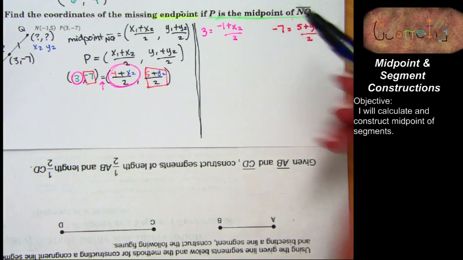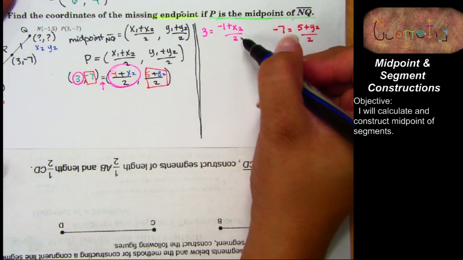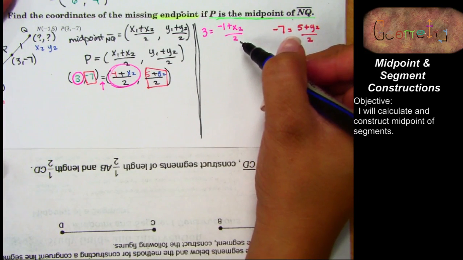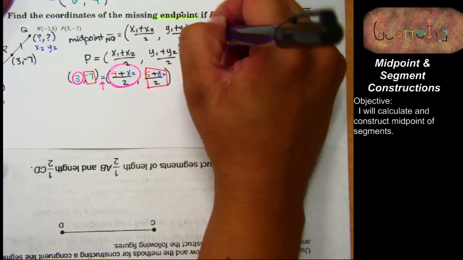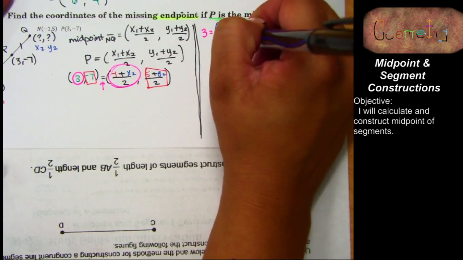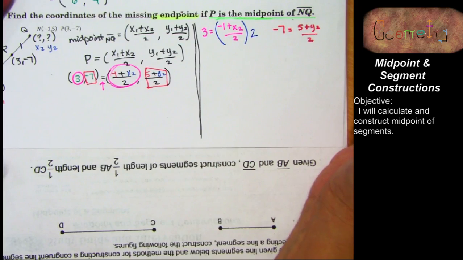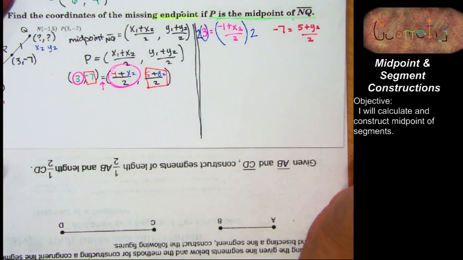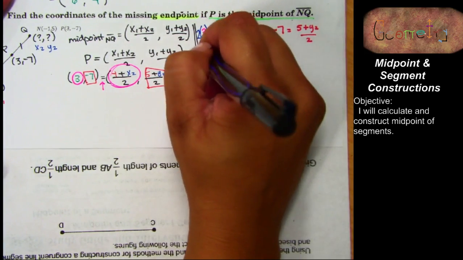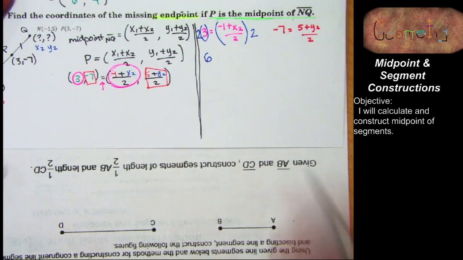So if I have here written divide by 2, what should I do to get rid of divide by 2? Multiply by 2. So I'm going to multiply this entire side by 2. And what I do to one side, I must do to the other. The left-hand side is going to become 6.